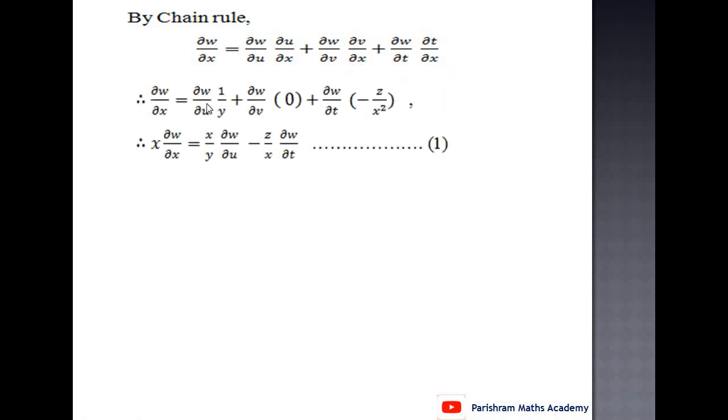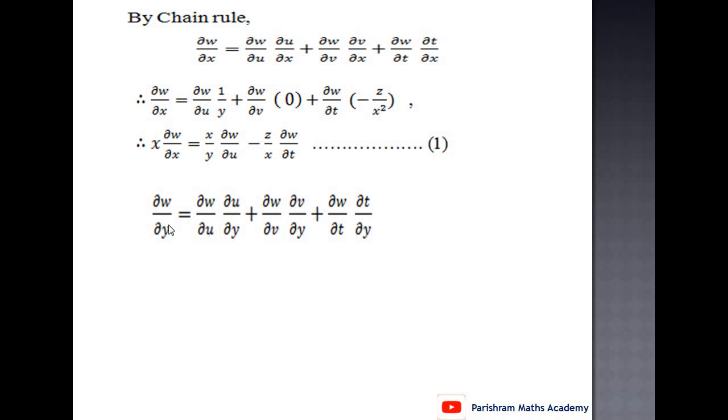We get ∂w/∂x equals ∂w/∂u · (1/y) + ∂w/∂v · 0 + ∂w/∂t · (−z/x²). We multiply by x, and therefore x ∂w/∂x equals x/y · ∂w/∂u. If you multiply by x, then the x cancels, we get −z/x · ∂w/∂t, equation 1.